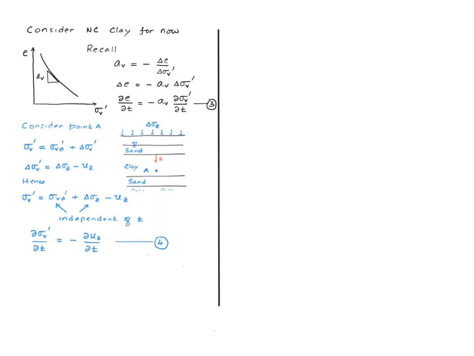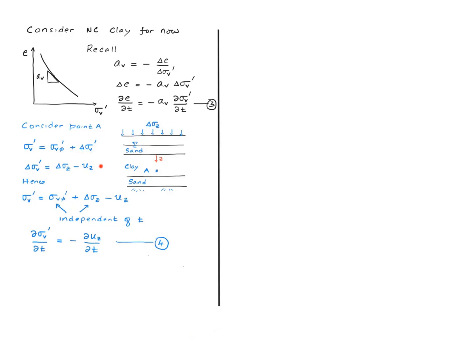The next step is to relate the rate of change of the effective vertical stress to the rate of change of the excess pore water pressure. To do that, we go back and consider point A one more time. The current vertical effective stress at that point equals the vertical effective stress that existed before the application of the load plus a change.